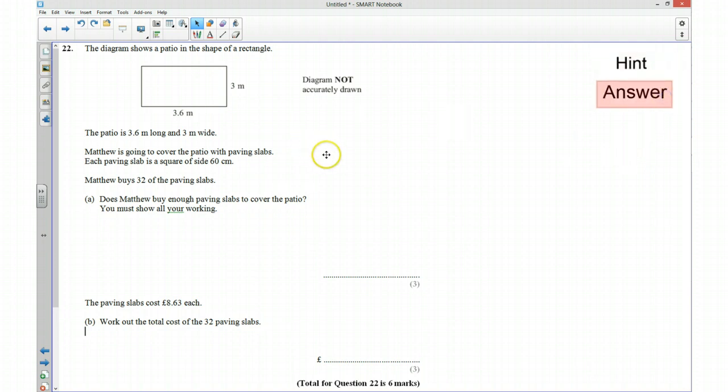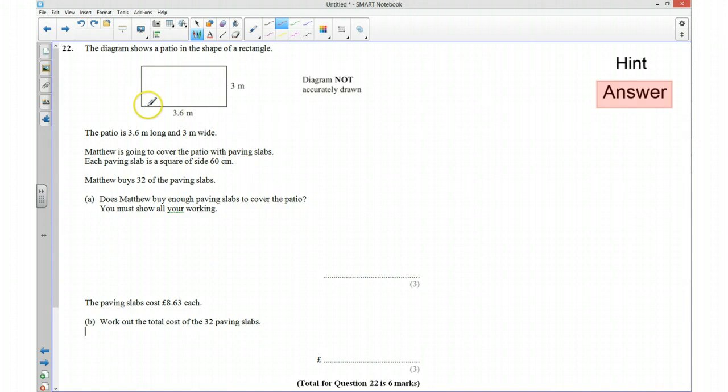Okay, I'm now going to go over the full answer to this question. So starting with part A, Matthew is going to cover the patio with paving slabs that are 60 centimeters long.